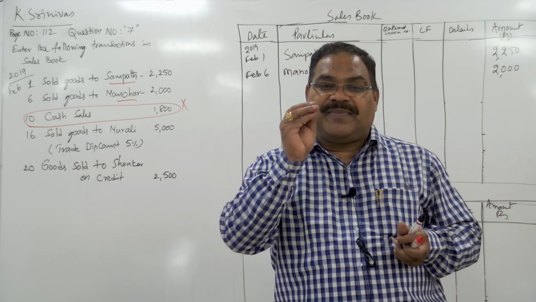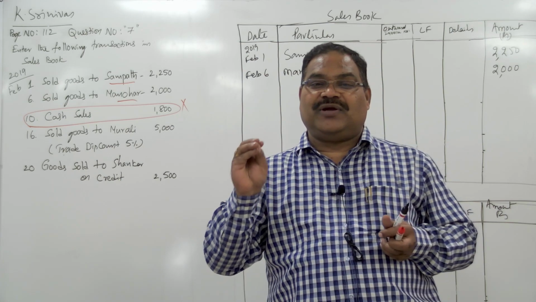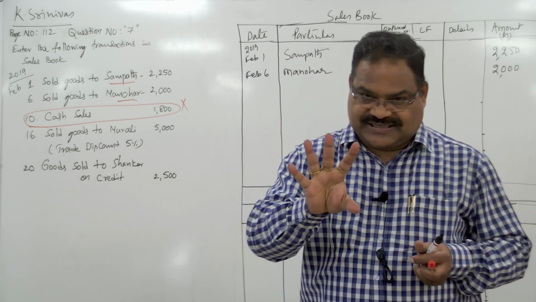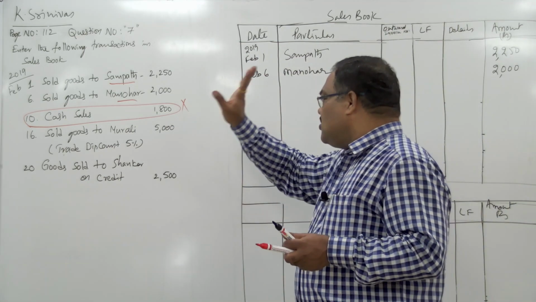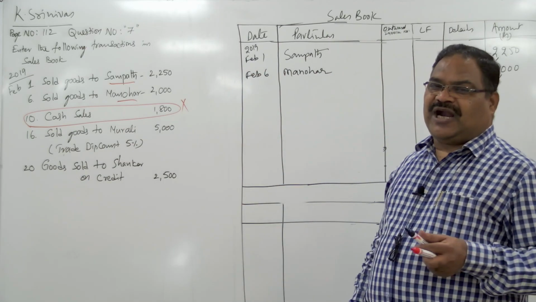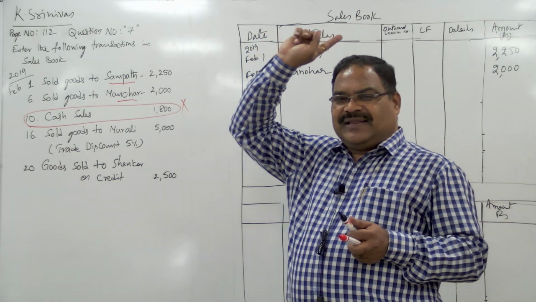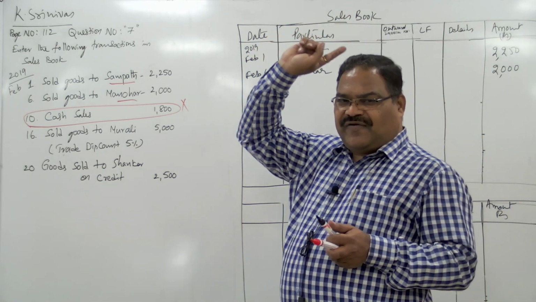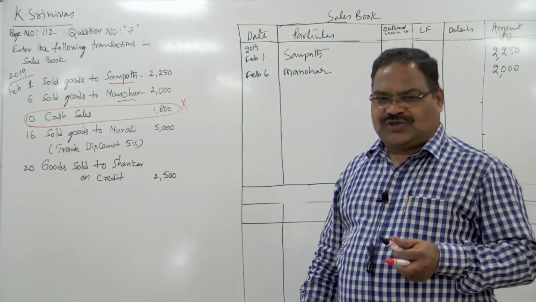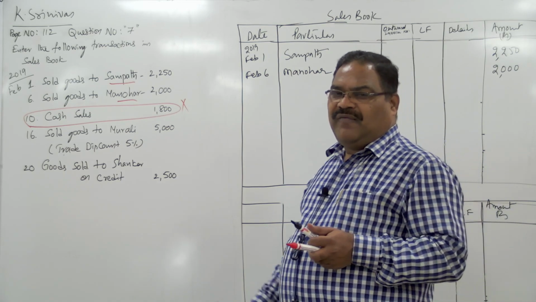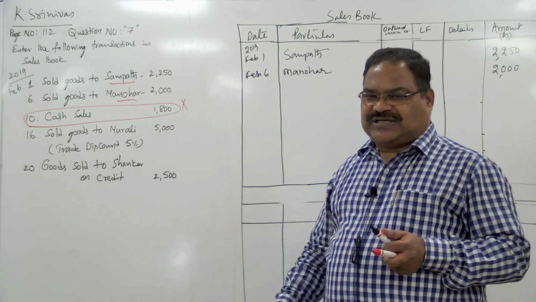If you are able to remember these, then definitely you are going to get full marks. So this transaction we are going to omit here. This should go to the cash book, and very soon we will go for the cash book also, but now we are neglecting this transaction.